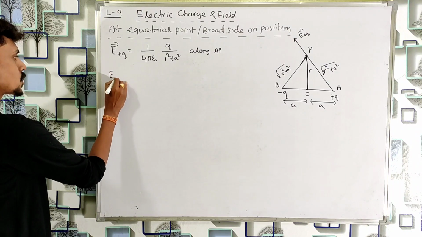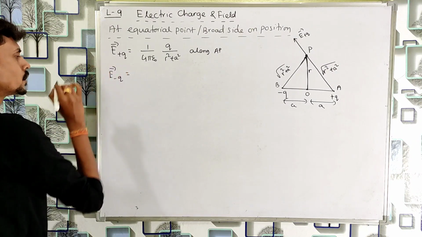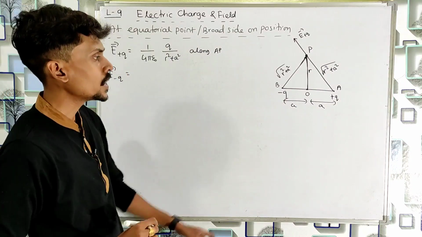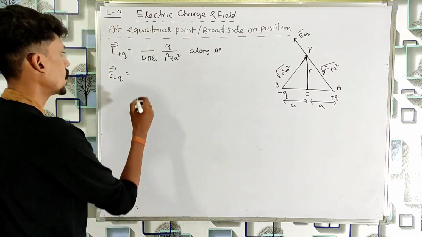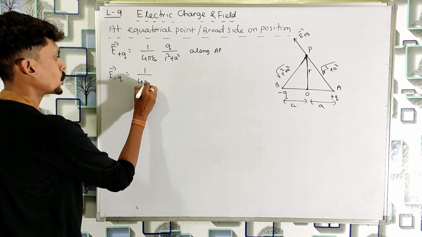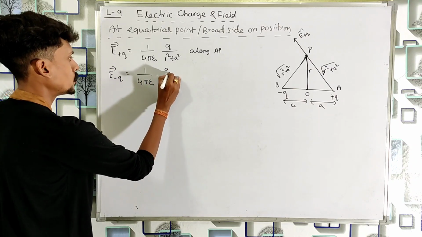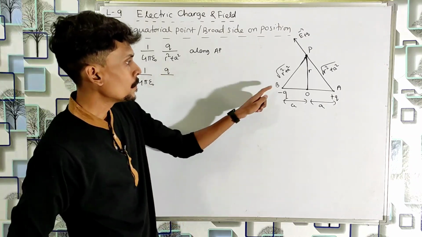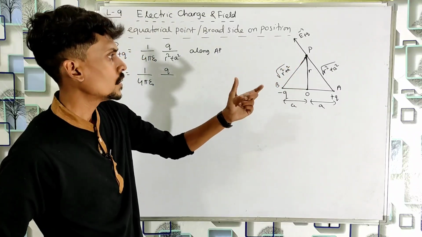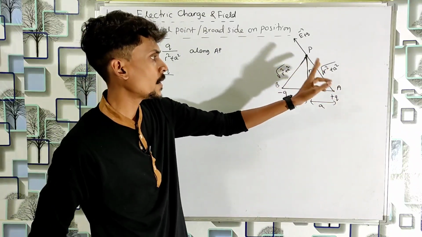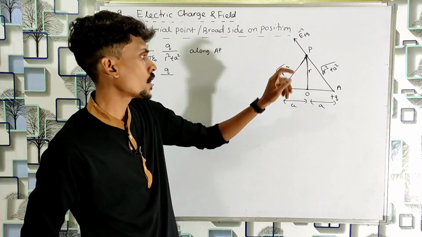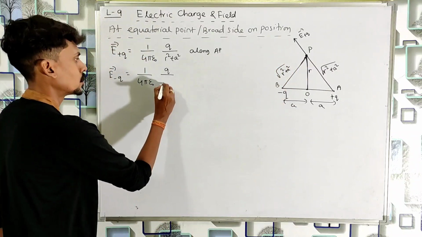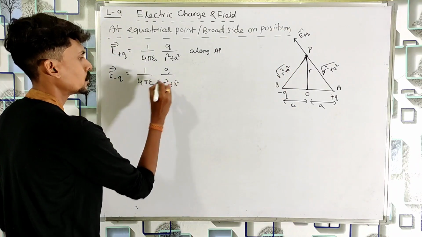Now write the expression for the electric field due to the negative charge, E minus q. Again it is 1 by 4 pi epsilon naught into magnitude of charge divided by BP square. And again the value of BP is the same as the value of AP, so BP square means r square plus a square. Write r square plus a square here.